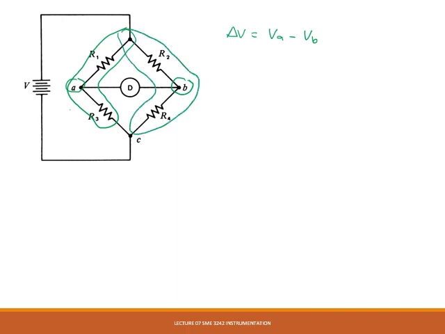So due to that, we'll be able to write VA is R3 divided by R1 plus R3, times Vin. And as for VB, it is R4 divided by R2 plus R4, times Vin.